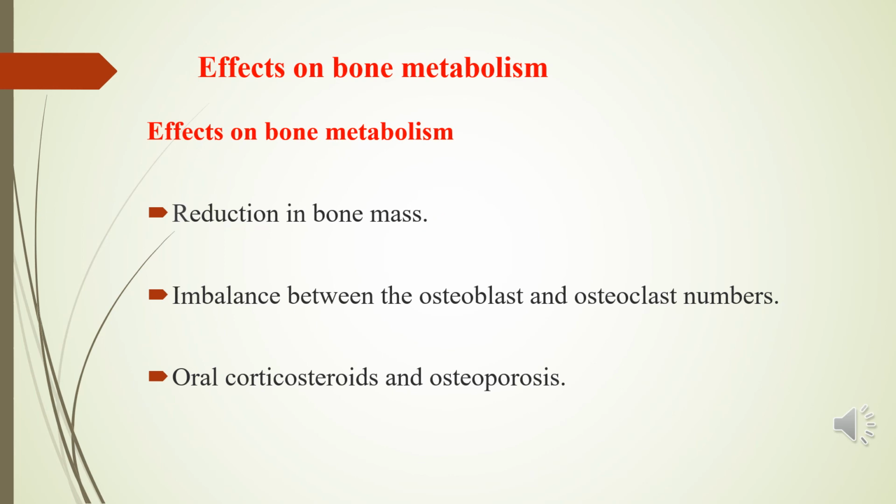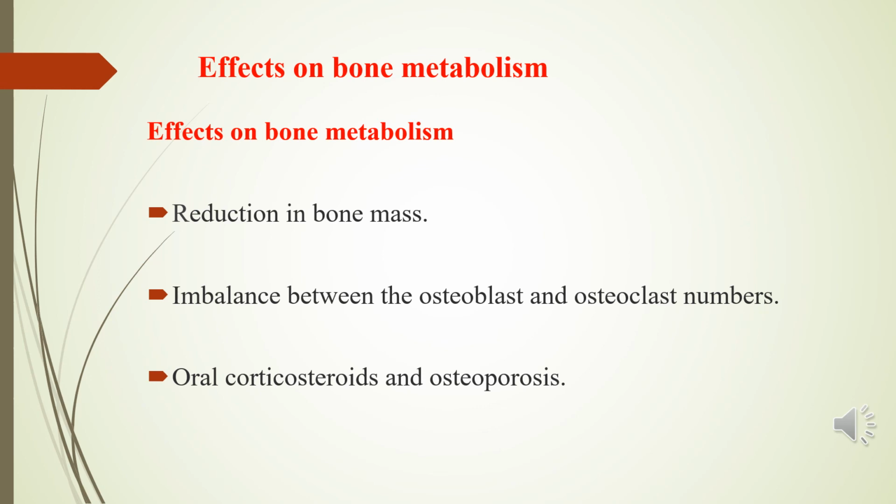The last point to be discussed in this lecture is the effect of glucocorticoids and especially cortisol on bone metabolism. Glucocorticoids lead to a reduction in bone mass by direct effects on bone formation and resorption, which are the processes that regulate bone tissue homeostasis.